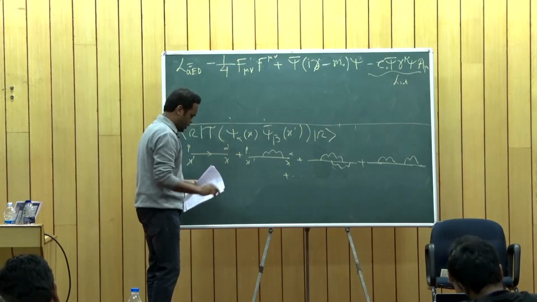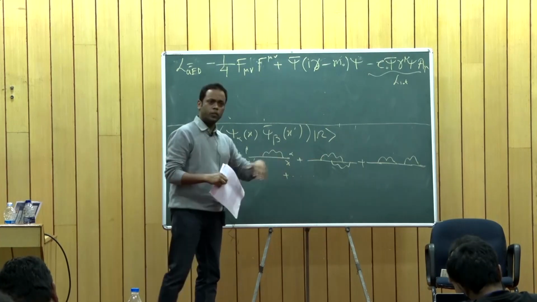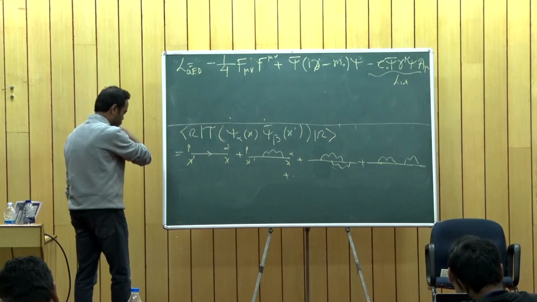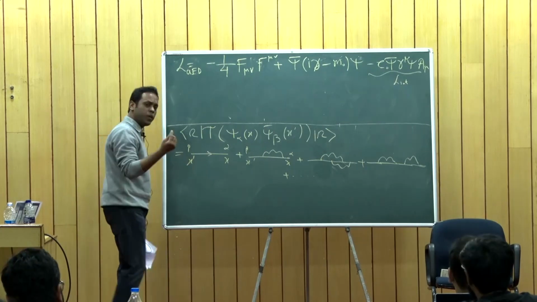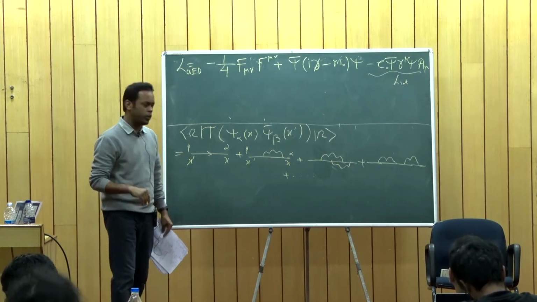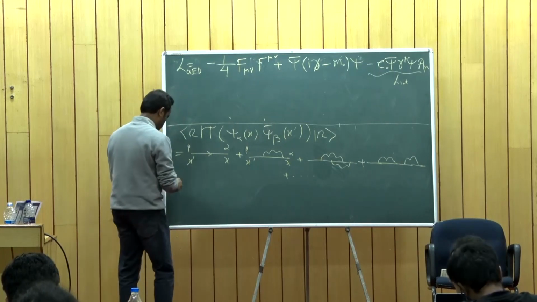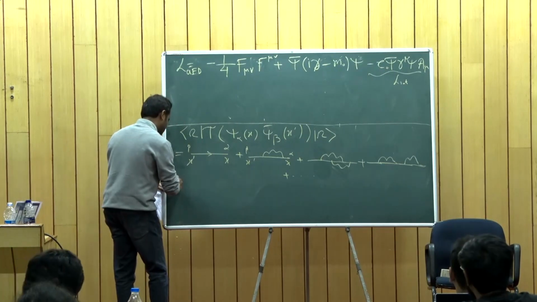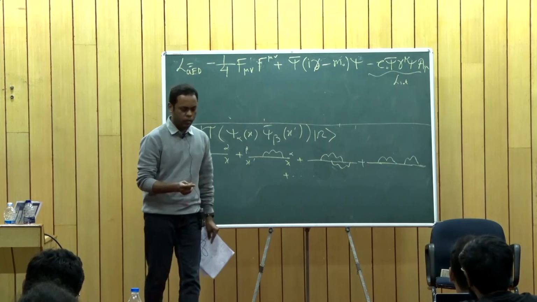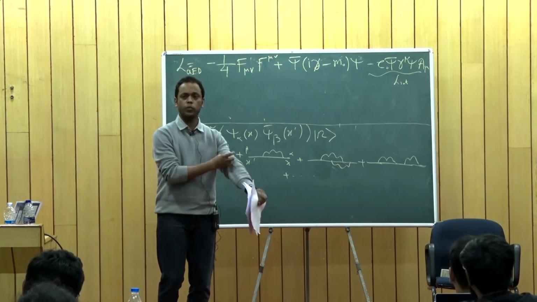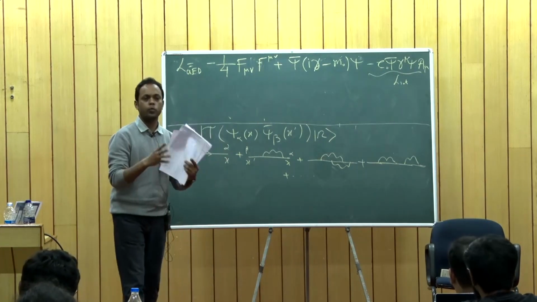This thing can be systematically written down using the notion of 1PI diagrams, one particle irreducible diagrams, which all of you perhaps know. These are the diagrams where, if you cut any internal line, it doesn't give you two separate diagrams.